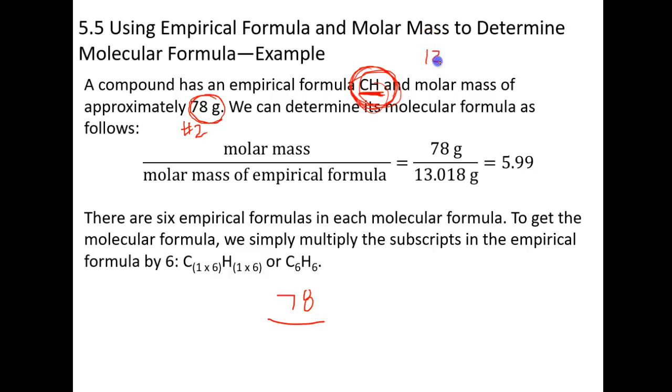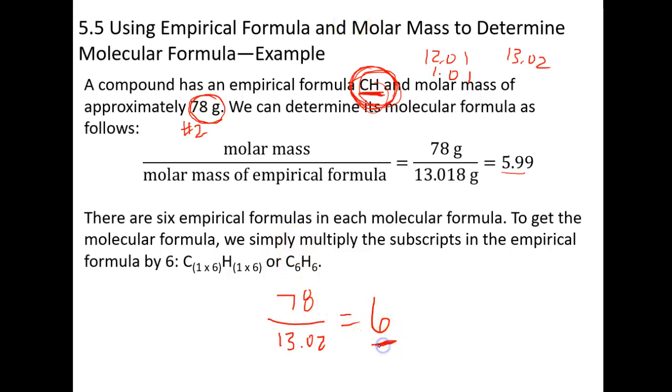Carbon weighs 12.01 grams and hydrogen weighs 1.01 grams, so we get 13.02 grams. Divide 78 by 13.02 grams and you will get 6. In this case, you can round. Notice that they get 5.99, because I used a different molecular weight, the ones off of our table, 13.02. I get 5.9907. Basically it's 6.